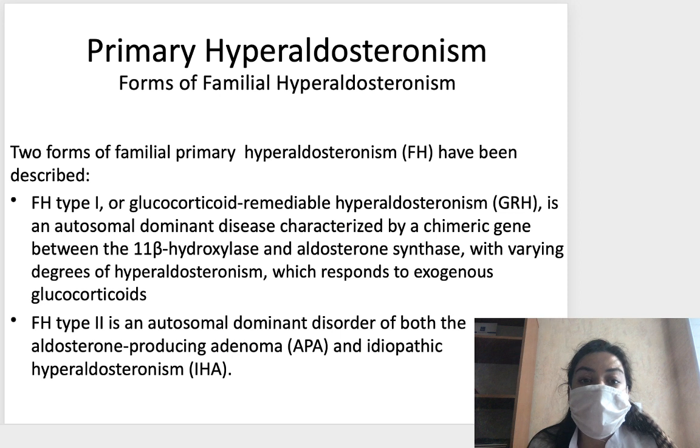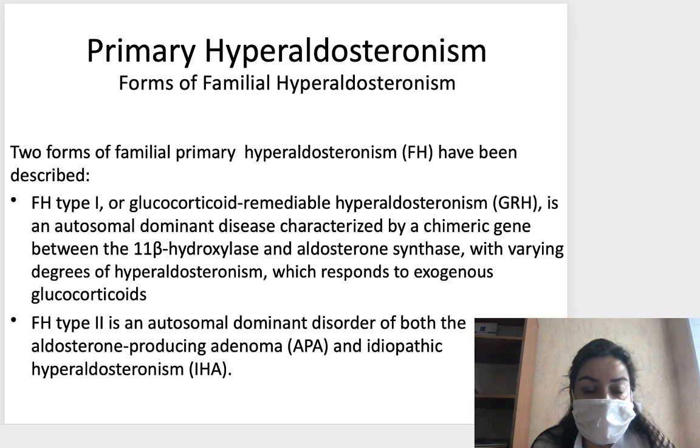Okay, forms of familial hyperaldosteronism. There are two main forms of familial primary hyperaldosteronism. Type 1, or glucocorticosteroid-remediable hyperaldosteronism, is an autosomal dominant disease characterized by a chimeric gene between 11-beta hydroxylase and aldosterone synthase, with varying degrees of hyperaldosteronism which responds to exogenous glucocorticosteroids.